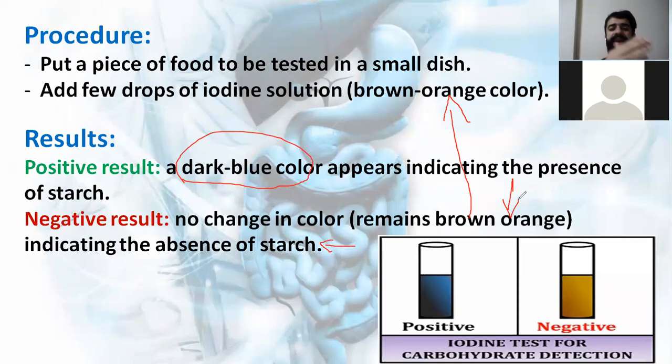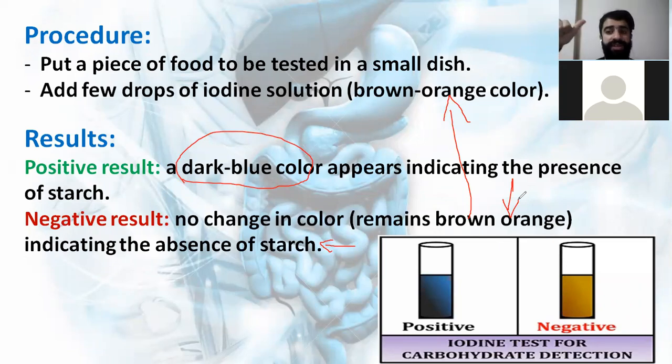While if it's negative, after adding a few drops of iodine solution to the food to be tested, the color remains brown orange. This indicates that we have no starch, or the absence of starch. So this is the second test.